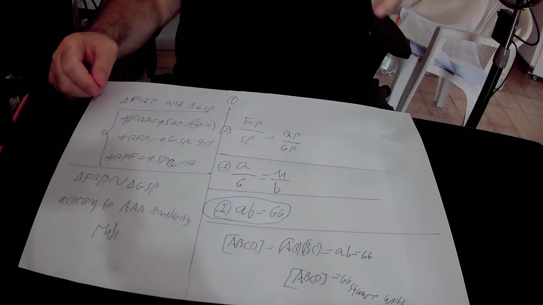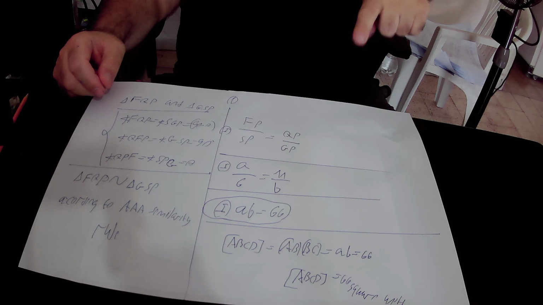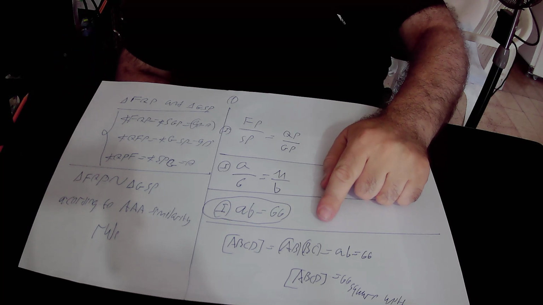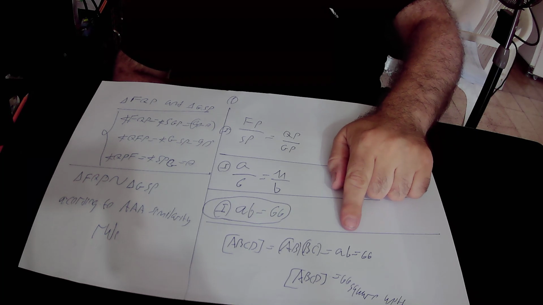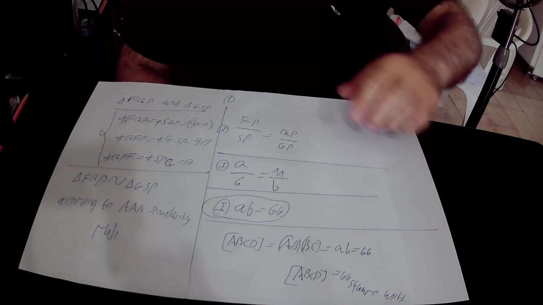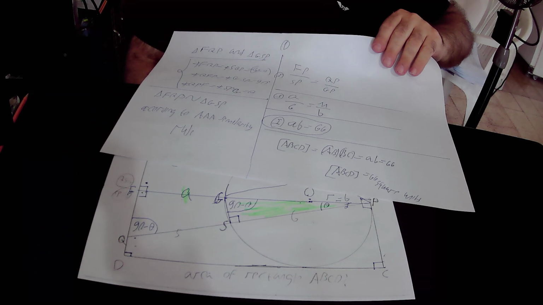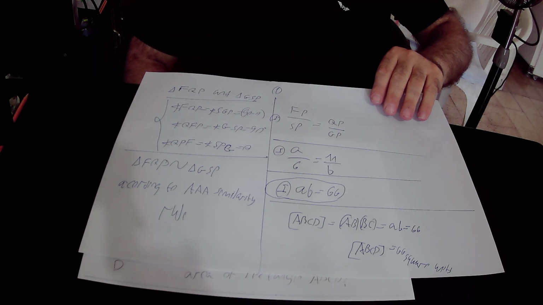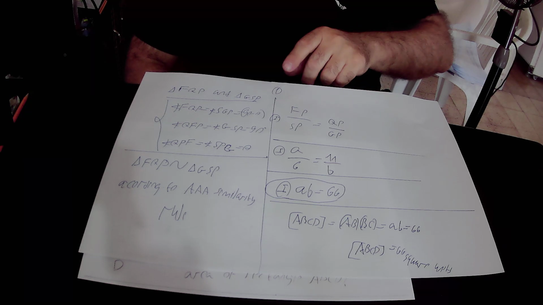Okay. What is the area of rectangle ABCD? The area of rectangle ABCD equals the length of the rectangle, that is AB, times the width, that is BC. AB equals A and BC equals B according to our definition. So in conclusion, we found out that the area of the rectangle ABCD equals A times B, and we just right now found out that A times B is equal to 66.